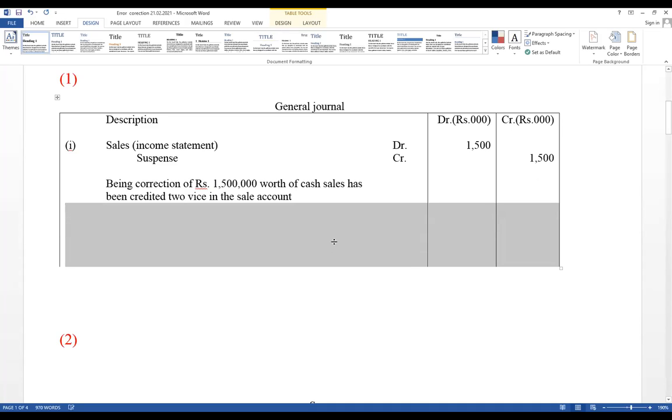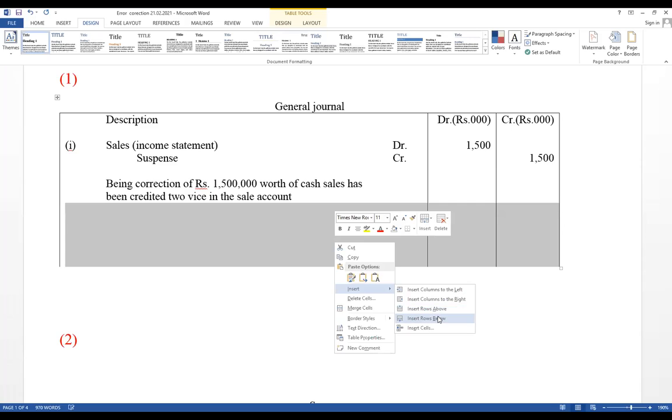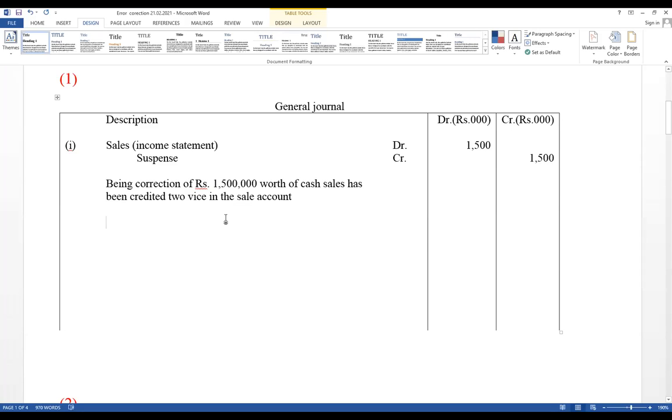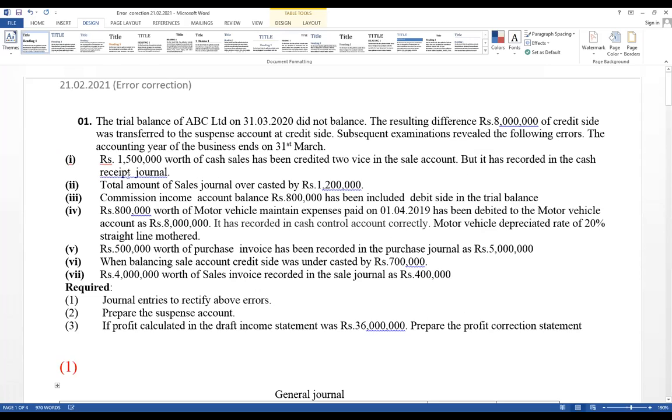There are 3 requirements available. First one, they ask double entry. Second one, they ask suspense accounts and statement of profit correction also. That second one, total amount of sales journal overcasted. Think about journal, sales journal.